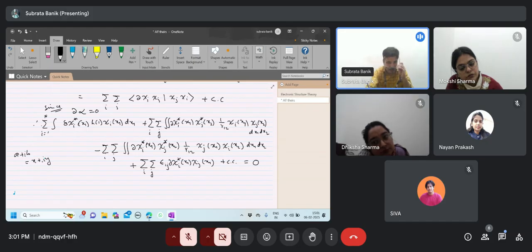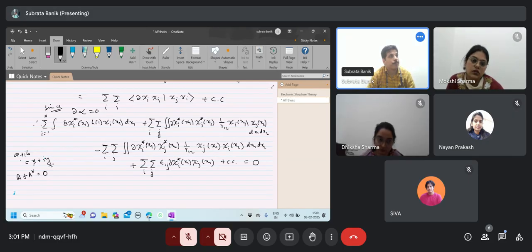If I write this plus this star equal to 0, in that case each part will be equal to 0. Write the equation, you get the answer.